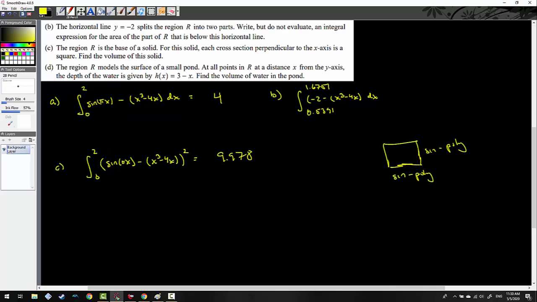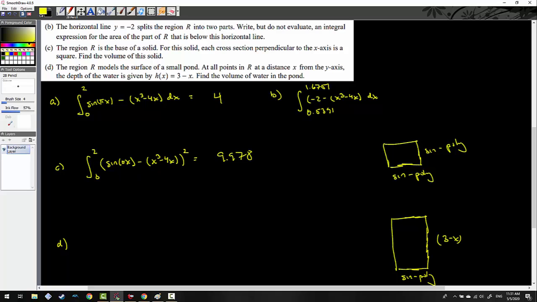Let's take a look at part D. The region R models the surface area of the surface of a small pond. At all points in R, at distance x from the y-axis, the depth of the water is given by h of x is equal to that. Find the volume of the water in the pond. Okay, if we're going to find the volume now based on a different type of cross-section, now we're looking at this thing as a small pond. It's important to note that this is just a really clever way for them to ask you about a rectangle, where, again, the base is still the sine minus the polynomial, but now the height is 3 minus x.